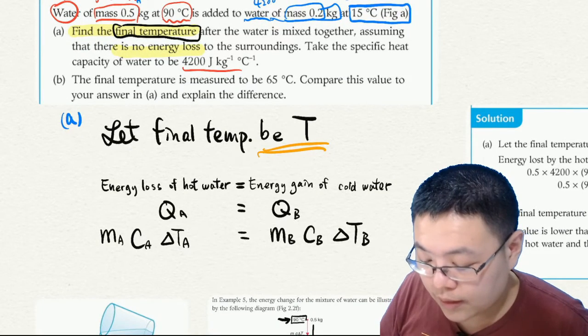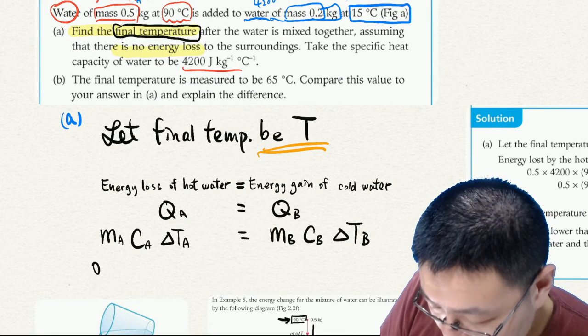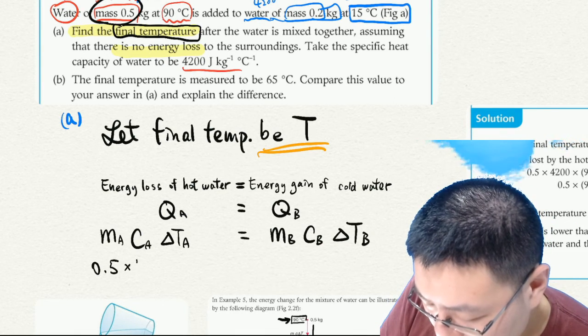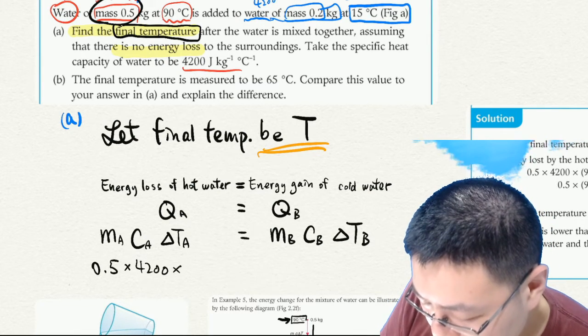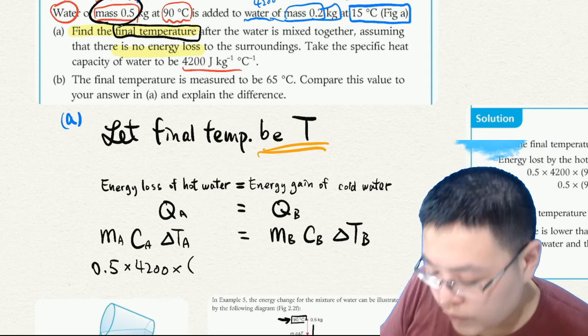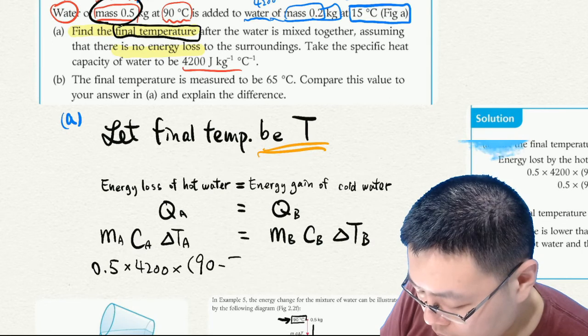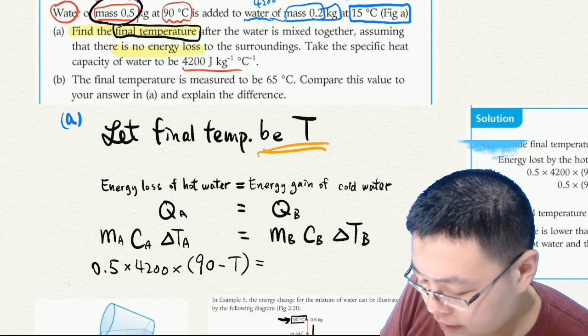By writing the delta T. This is 0.5 times 4200 times the initial higher temperature minus the T that we do not know yet.